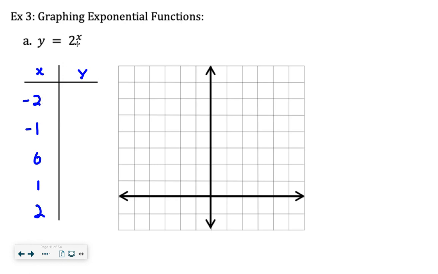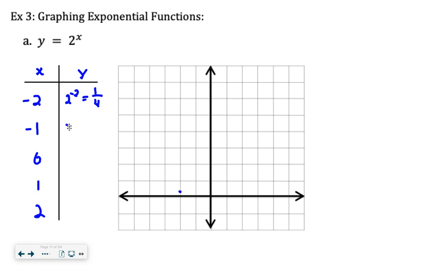So if I plug -2 in, 2 to the negative second power, well, we just talked about what that means. That means 1 over 2 to the second power, which would be 1/4. So the point -2, 1/4 is on my graph.